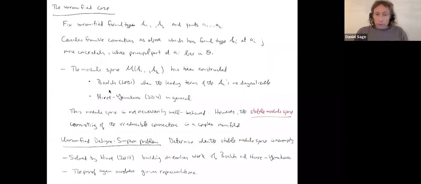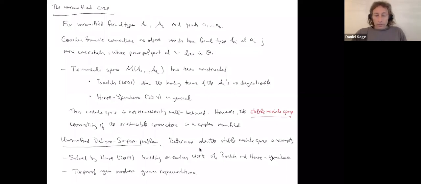However, if you restrict to the subspace consisting of irreducible connections, then this is what they call the stable moduli space, and this is a complex manifold. And so the unramified Deligne-Simpson problem is simply: let's determine when the stable moduli space is non-empty. And this was solved by Hiroe in 2017, building on early work of Boalch and Hiroe and Yamakawa.